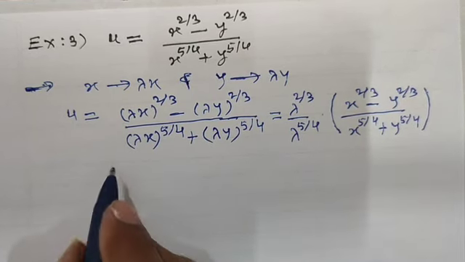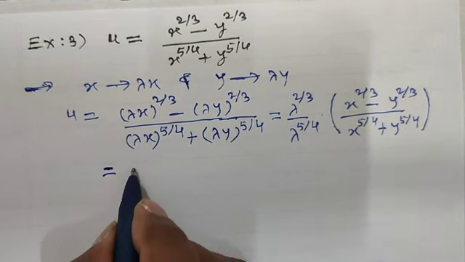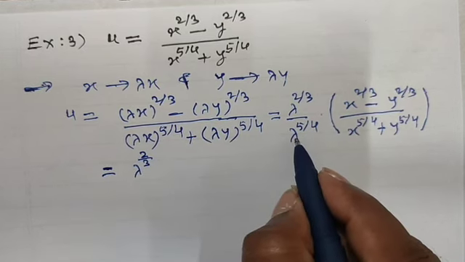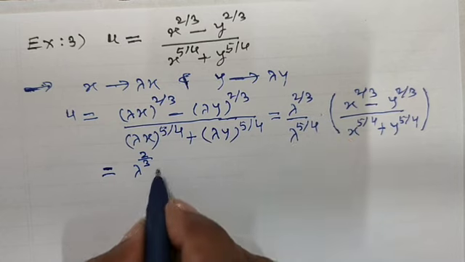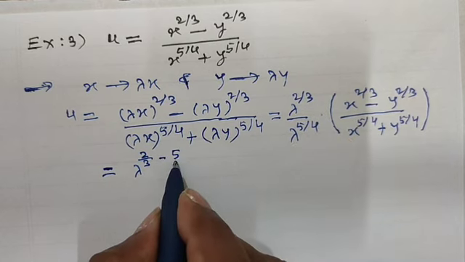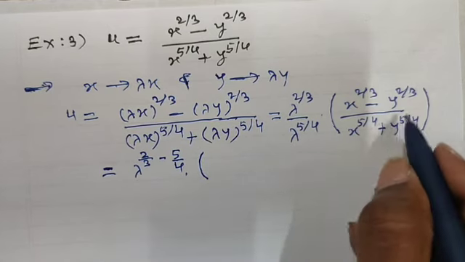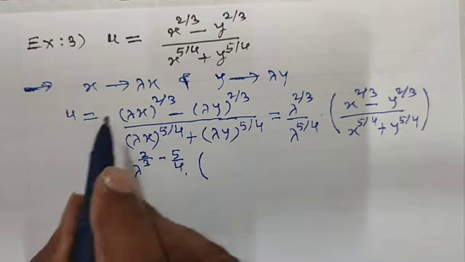Okay, now lambda to the power 2 by 3, taking this lambda to the power 5 by 4 in the numerator, minus 5 upon 4, into this bracket. This bracket is nothing but the given function U.